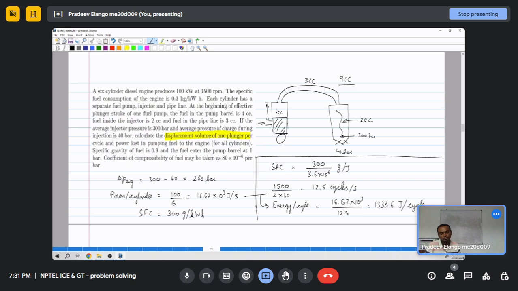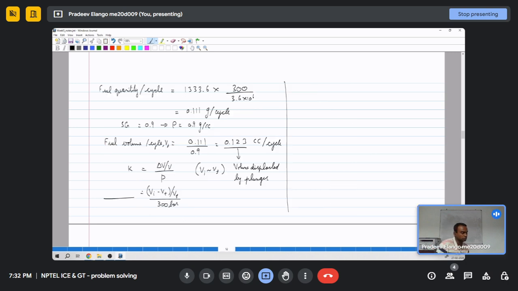So that means we can take this as the volume displaced by the plunger. Now we need to calculate the power loss. So the fuel compression work is equal to P2 minus P1 into delta V. To calculate delta V, we need to use this one.